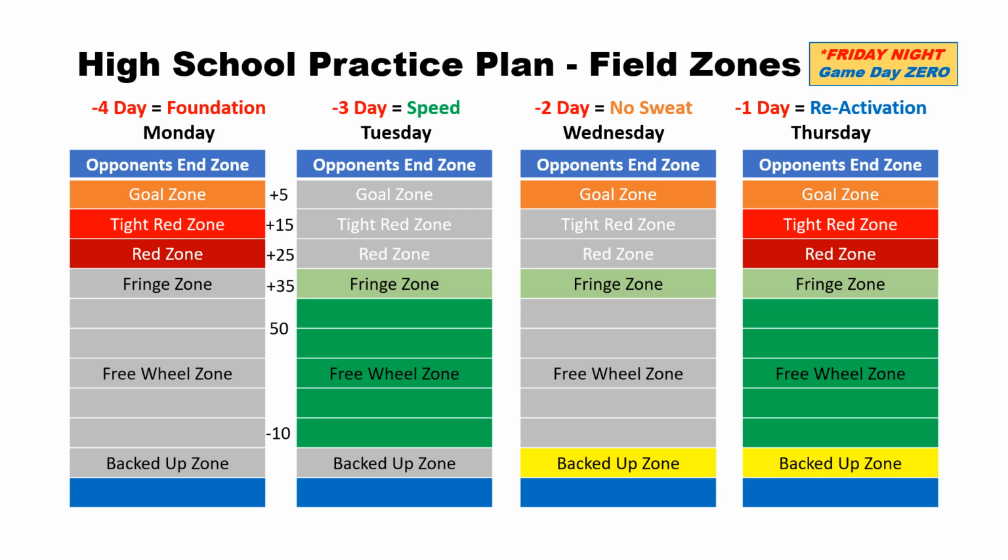So we're going to do your deep routes, more long distance running, speed up the tempo. Then you can see -2 becomes that no sweat day where we really kind of review and clean things up. And then day -1 is that reactivation. We're going to go lower volume, amount of time on the field, but each rep needs to be at game speed.